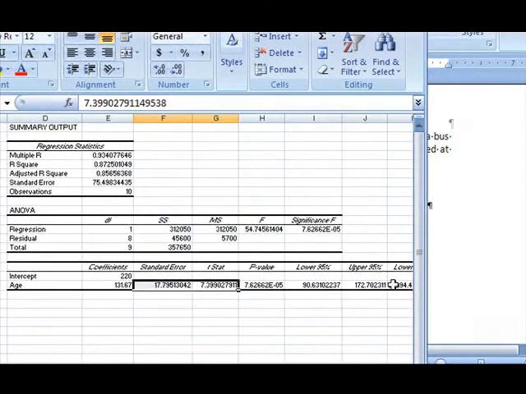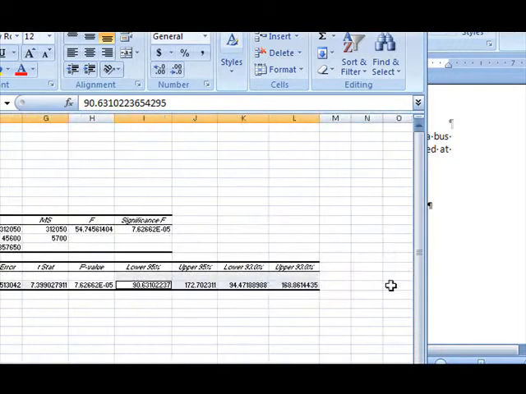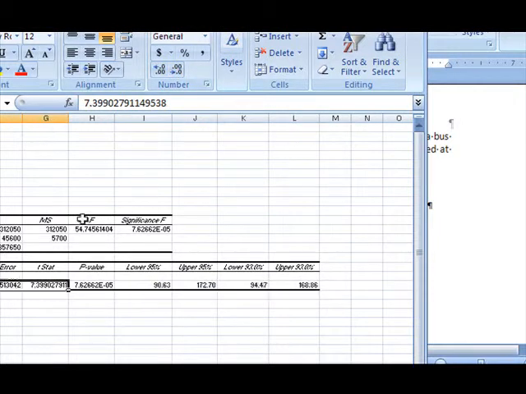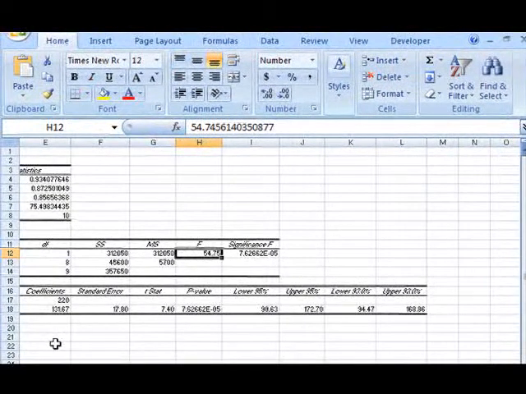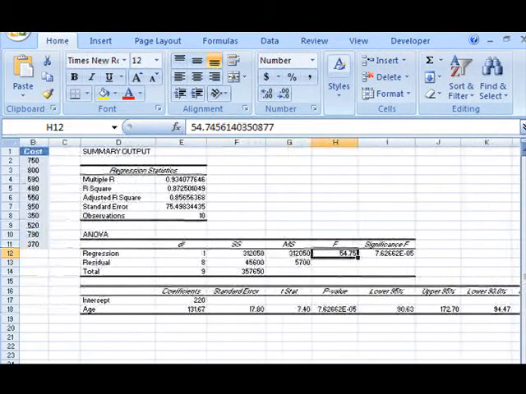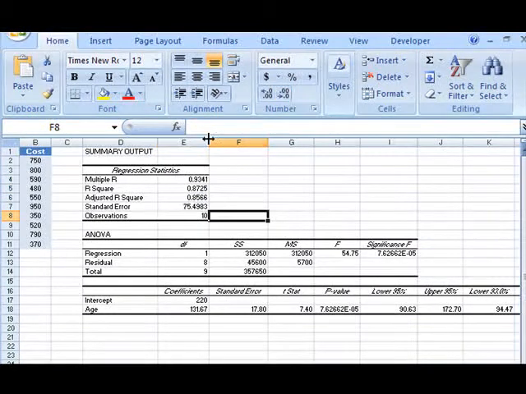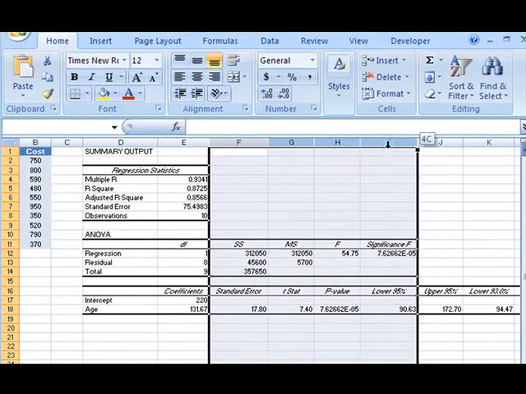Let me just decrease some of the decimals here so that we see it clear. Let me put the F in 2 decimals too. And then in the upper table, I'm going to put everything in 4 decimals just to have it all clean. Okay.